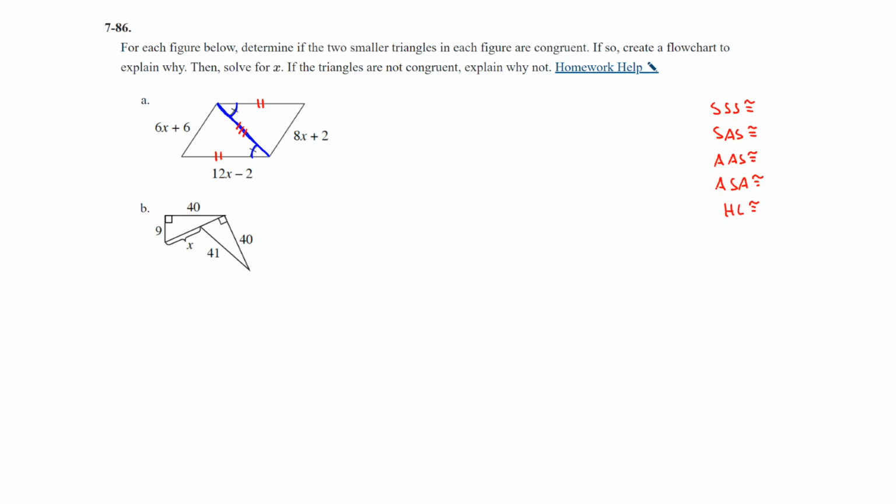So it does want us to create a flowchart. So at least for the first one, I'll create a flowchart so you can see how this is going to go, and then we'll solve for x. So what is the first thing? Well, you're given some information here. We also probably want to label these vertices so we can name things correctly. We're given that AB, line segment AB, is congruent to line segment CD, and that's given.